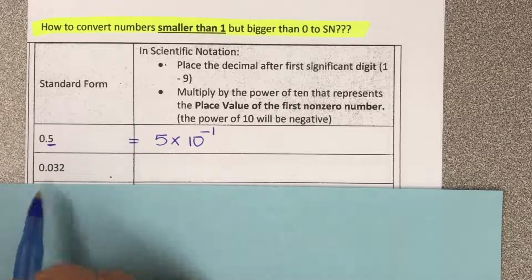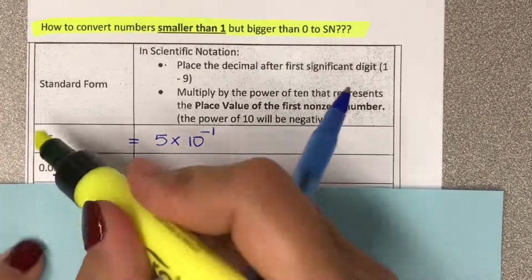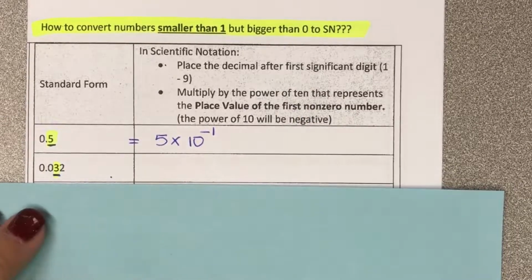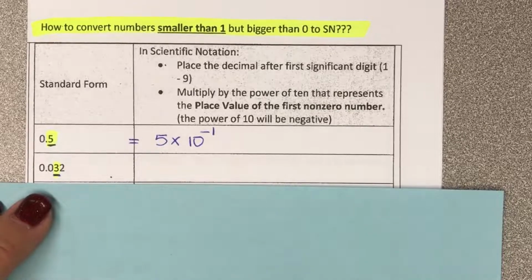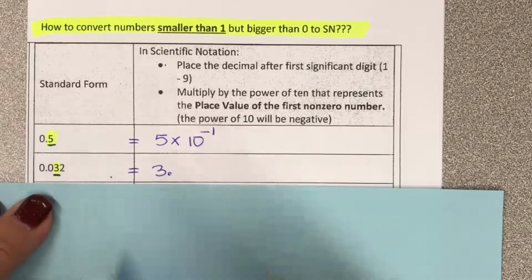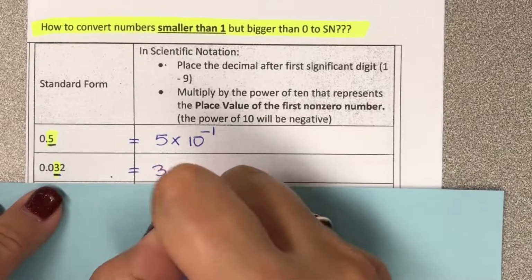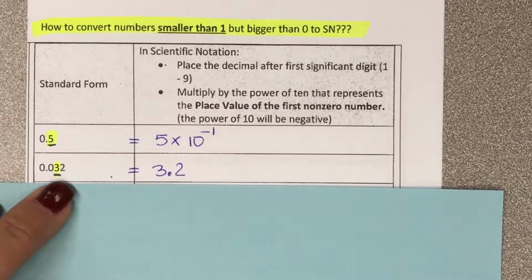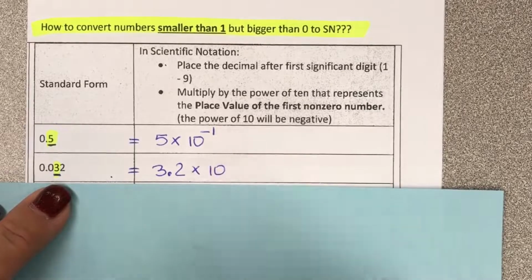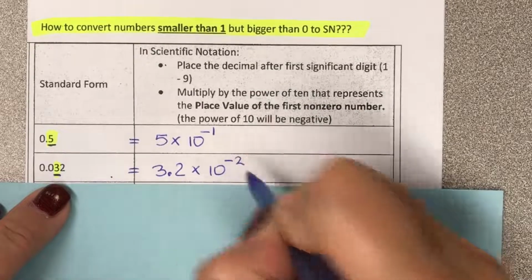0.032. So the first non-zero digit, non-zero means not a zero from left to right. 3 is in the hundreds place. That means I have to have 3.2, so the decimal goes after the first non-zero digit, 3, then I put the 0.2 and multiply by the power of 10, representing hundreds place. That means negative 2.